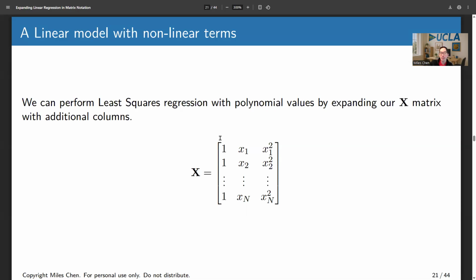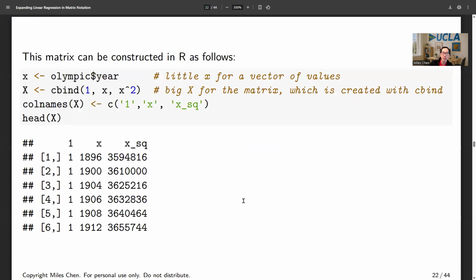And so in order to do this, I will just take my column of x values and square it. Just looking at the first few rows, I have my column x, which is just the Olympic year, and then I'll have x squared. So I'll take 1896 and square it, and I get 3,594,816 square years.